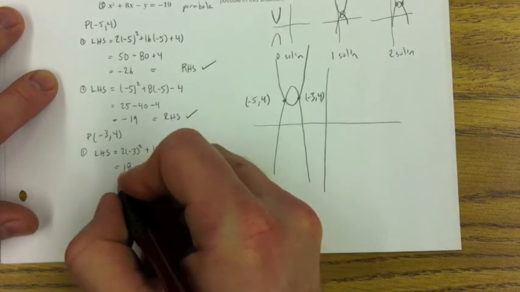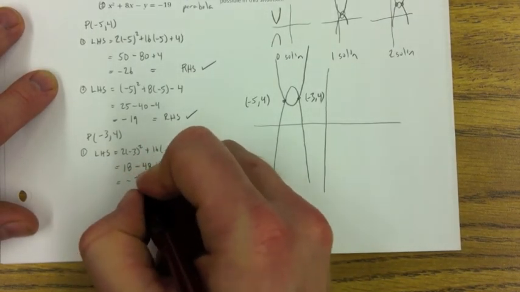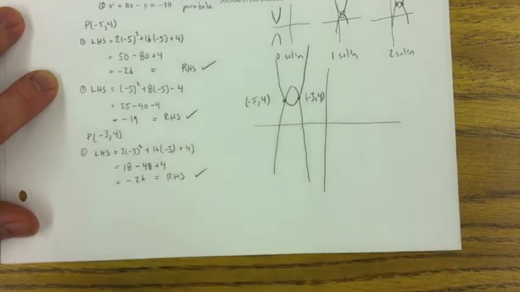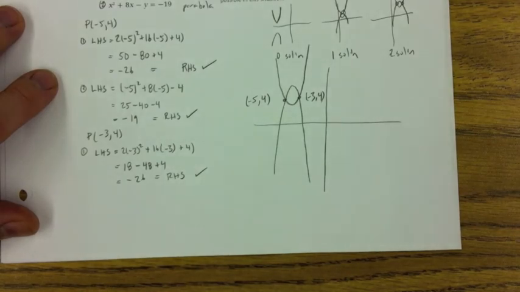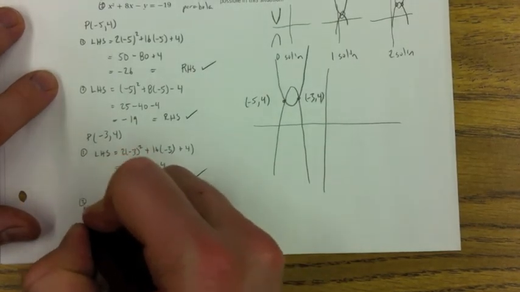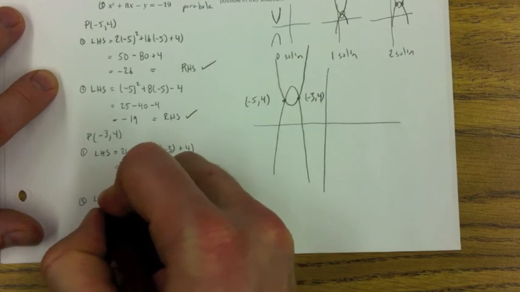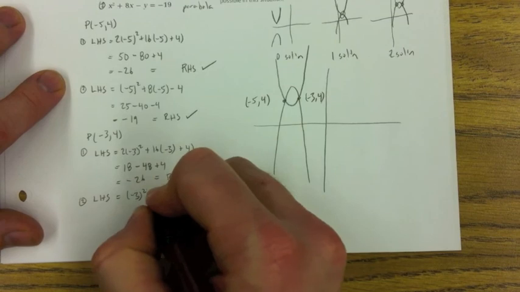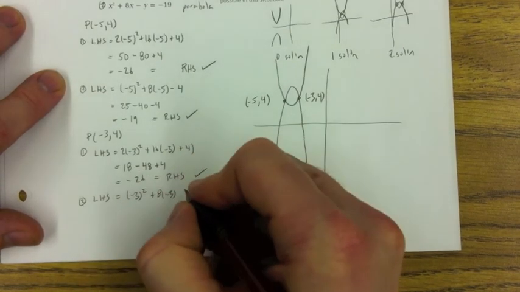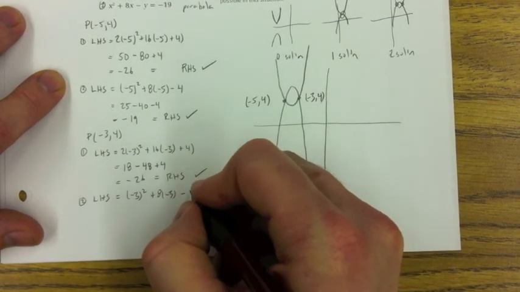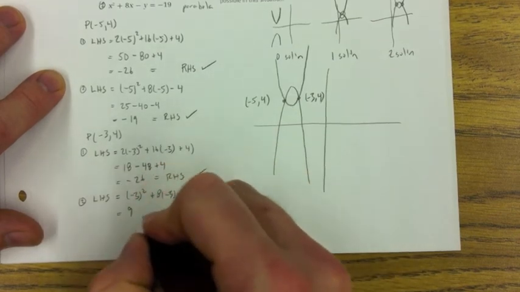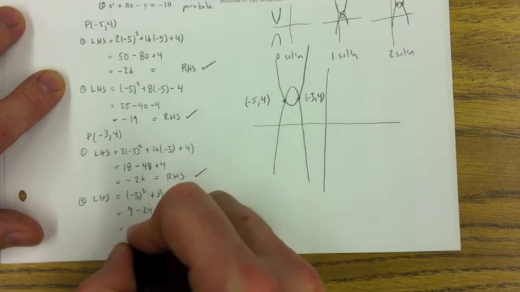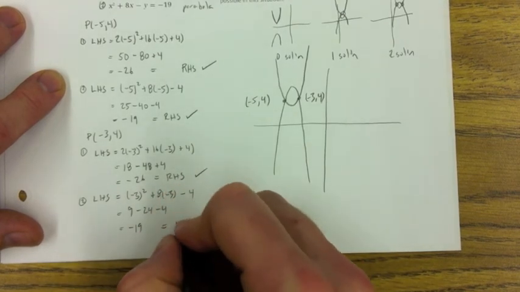And so we get 22 minus 48, which is -26, which is equal to the right-hand side. So that first equation works well. Our second equation, we take a look at the left-hand side, and we get -3 squared plus 8 times -3 minus 4, which gives you 9, minus 24 minus 4, which gives you -19, which is also the right-hand side.